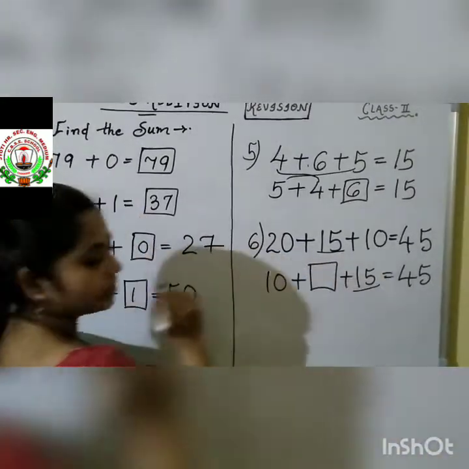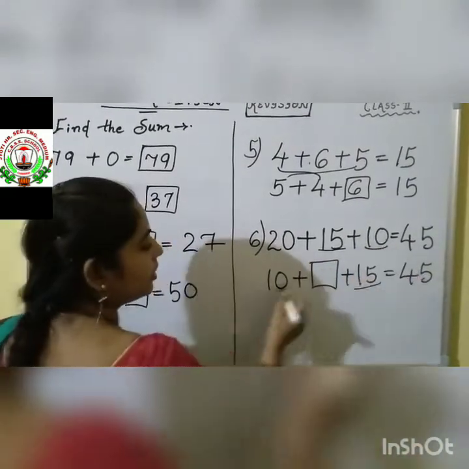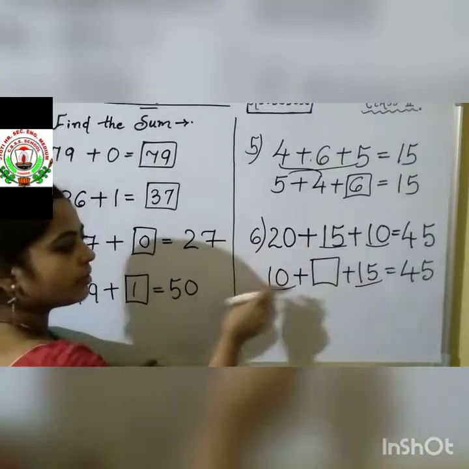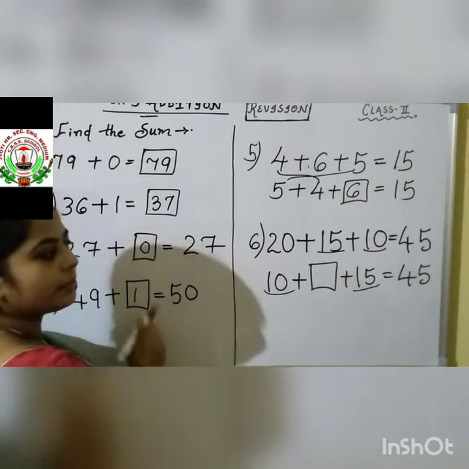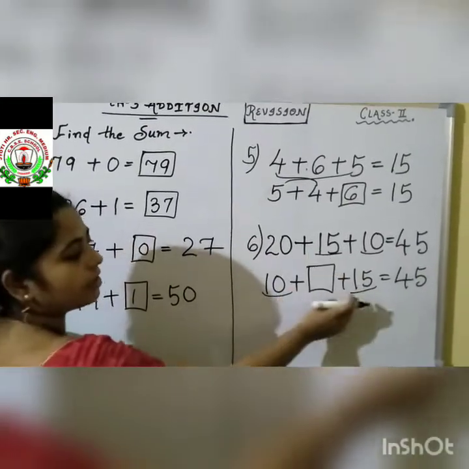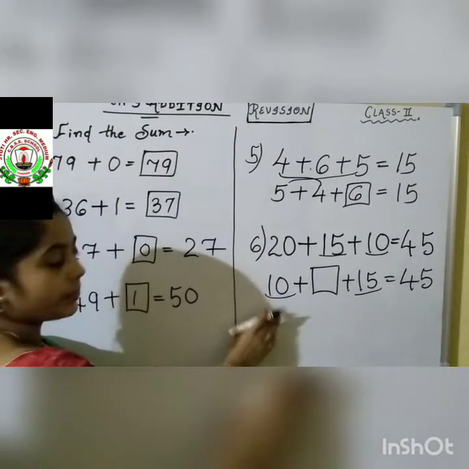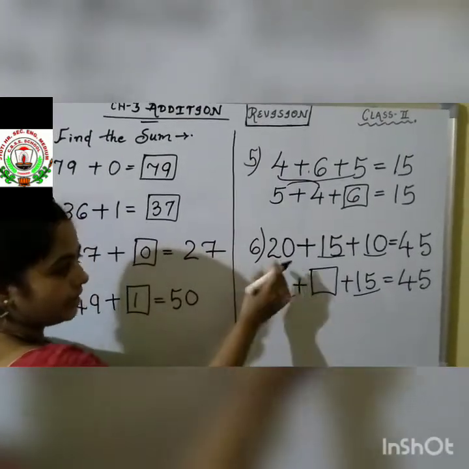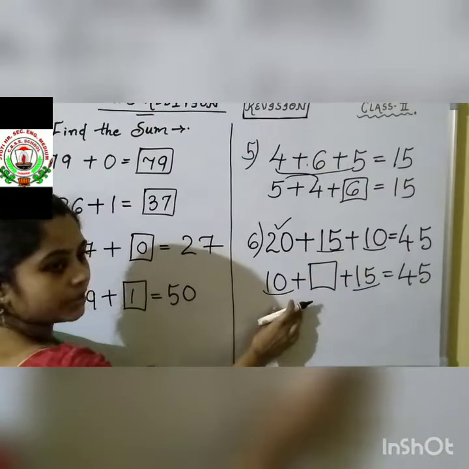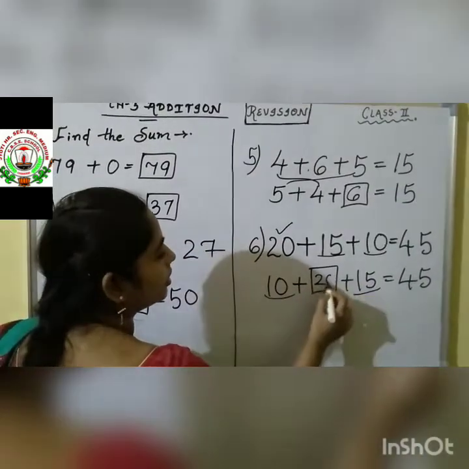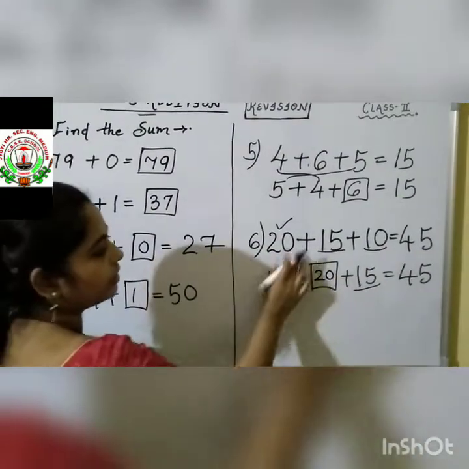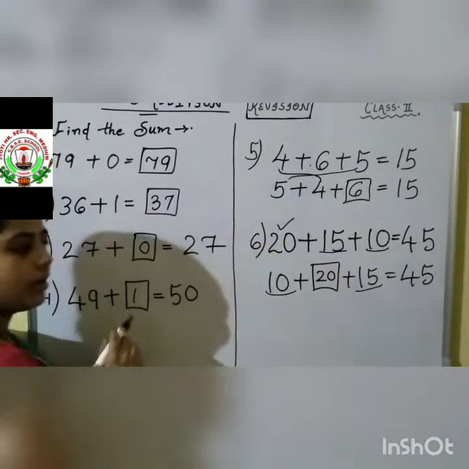Yes, 15 is here in the second line. 10 is also here in the second line. So which number is missing in the second line as compared to the first? 15 is already given, 10 is already given. So which number is missing here? Yes, this number 20 is not present here. So we will put 20 in the box like this. So this equation has been completed now.